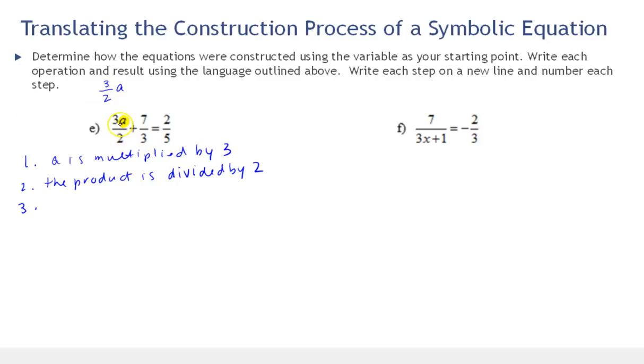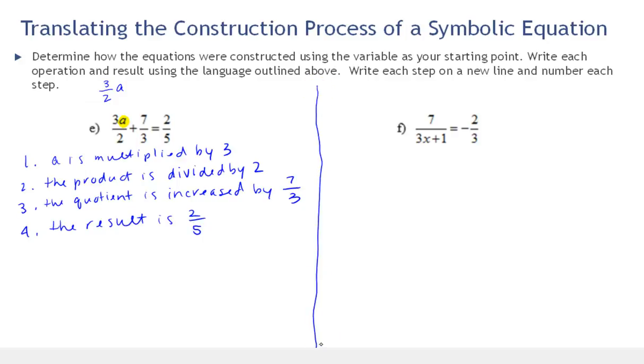So that gives us 3A over 2. Now we're going to add 7/3, and the last part was division, so we have a quotient. The quotient is increased by 7/3, and then we have the result is 2/5. So not too bad.